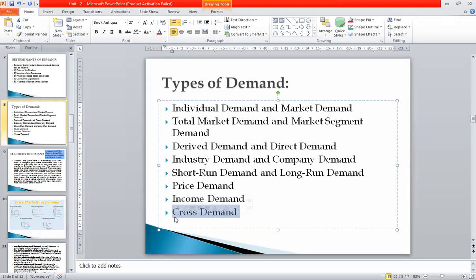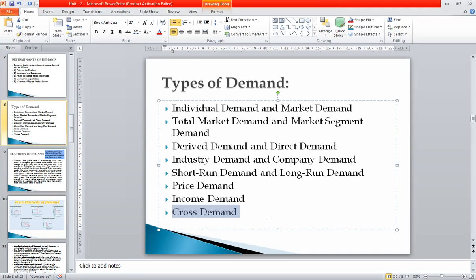When the price of a milk packet increases, tea prices also increase. When the price of petrol increases, taxi prices increase. In the same way, cross demand increases because it relates not only to one product but also to byproducts, related products or substitute commodities, and all of these influence it. That is called cross demand.